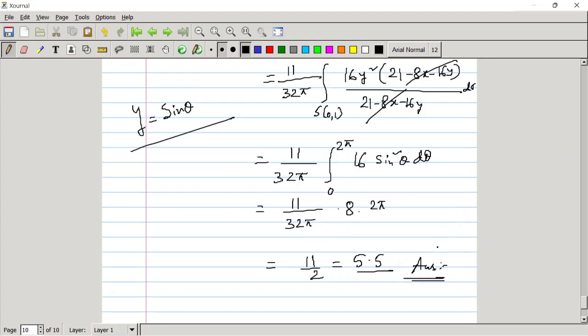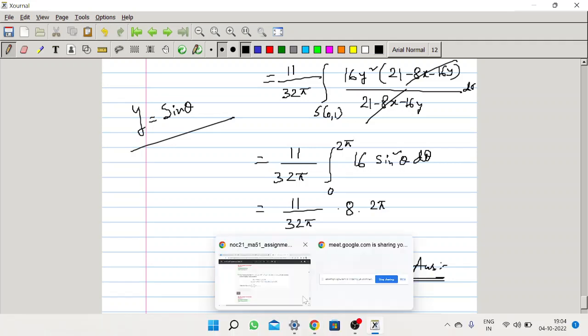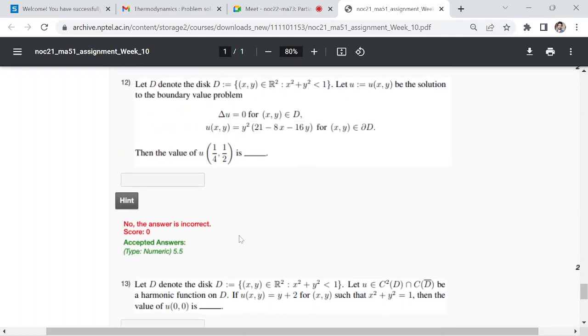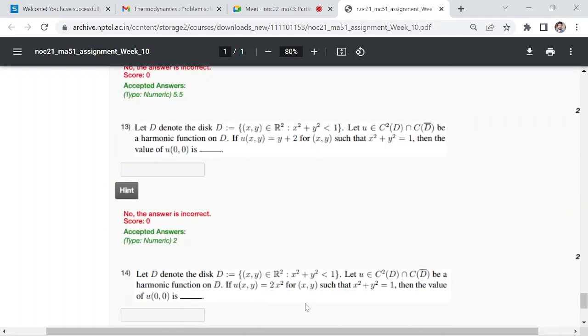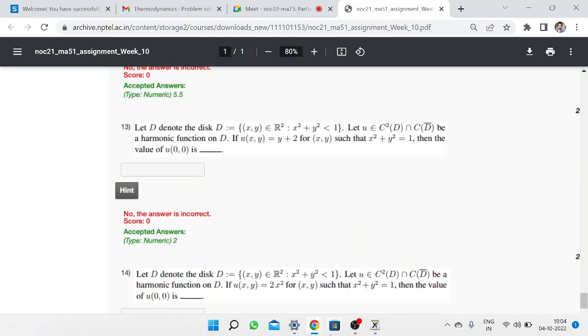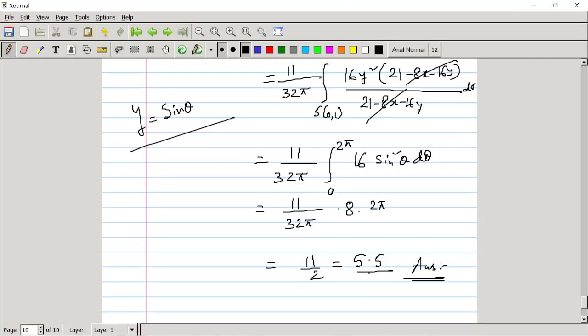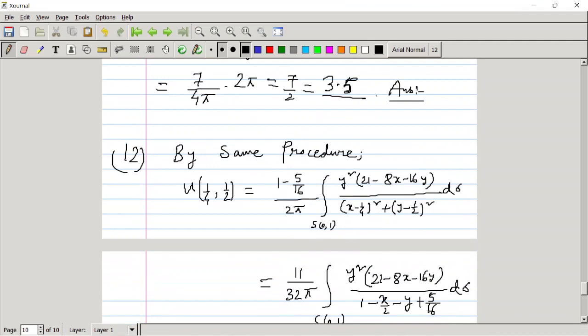Do you have any question? I am just doing the calculation, or you can do it on your own. So the answer is 5.5. Okay, fine. 13 and 14 are easy, I'll do this. Do you have any question, Robi and Sasank, up to this?